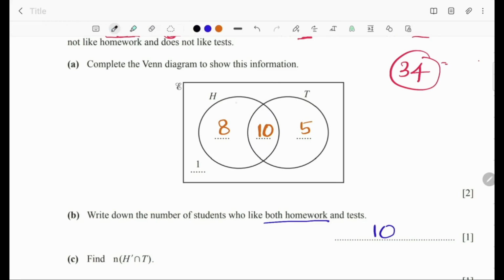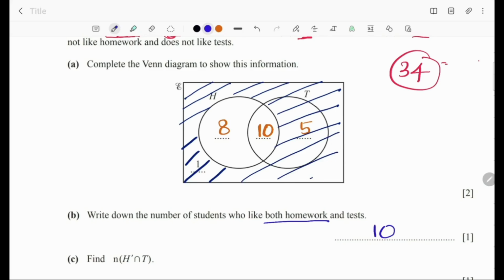So if this part is h, then complement of h is all that is not included in h. Okay, let me color that in blue for you. All right. So this is complement of h. Okay, everything that is not included.